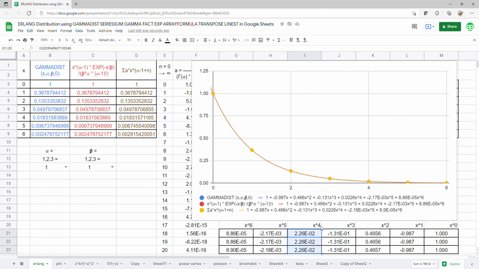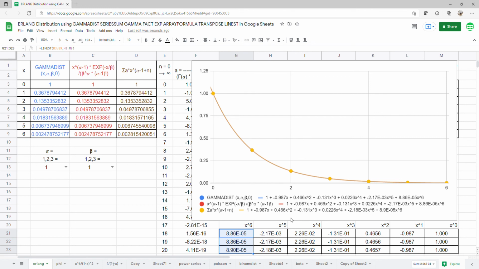Coefficient of x to the fourth, positive 0.0226. Coefficient of x to the fifth, minus 2.17 times 10 to the minus 3. And coefficient of x to the sixth, 8.9 times 10 to the minus 5.